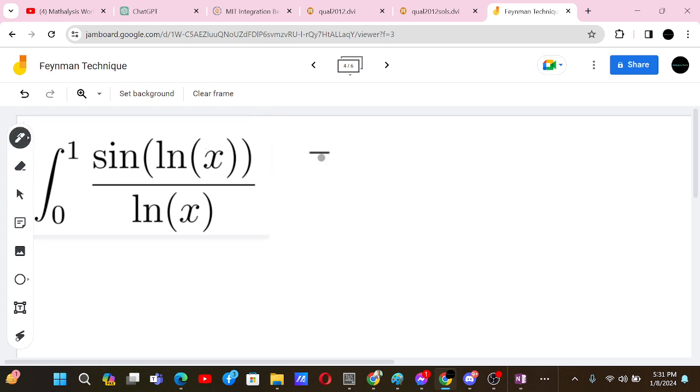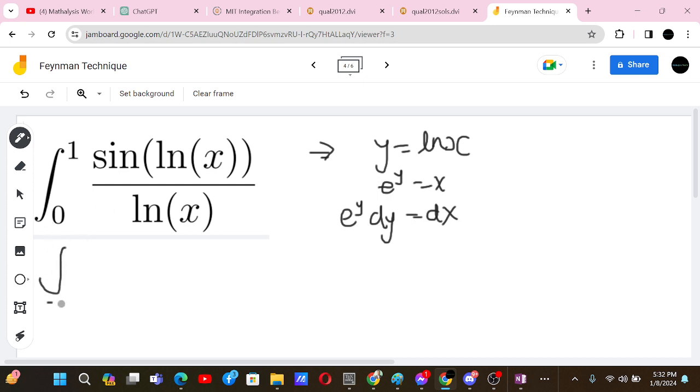Now, for this problem, first of all, we can change ln x to y, because that just seems redundant for this problem. Then we'll have e to the power y equals x, so e to the power y dy will be dx. And the limits will go from, at 0, minus infinity, at 1, 0.